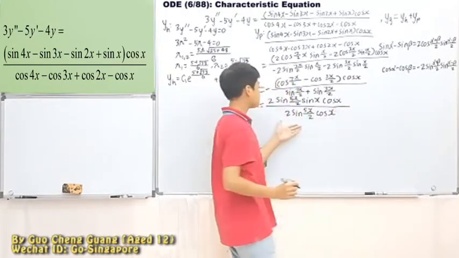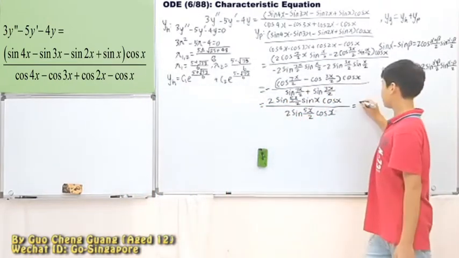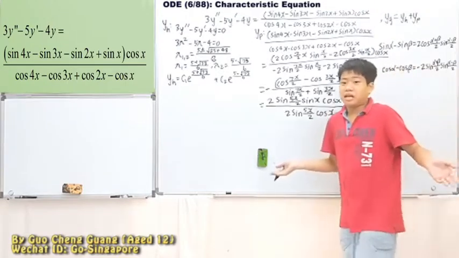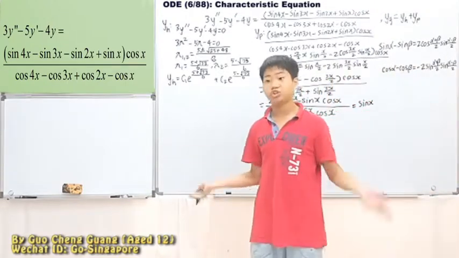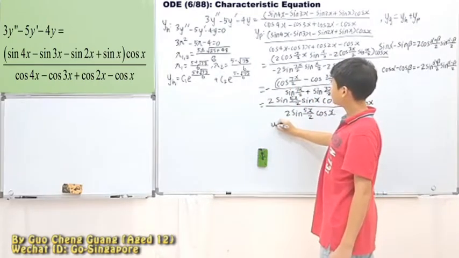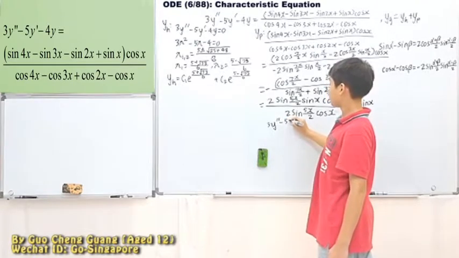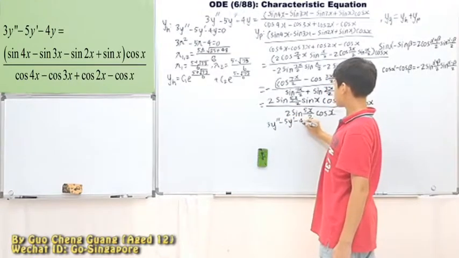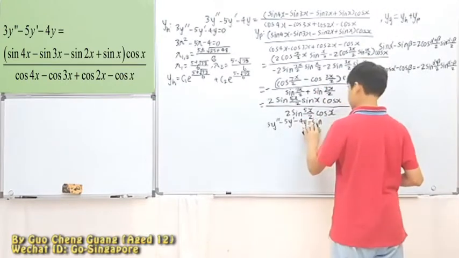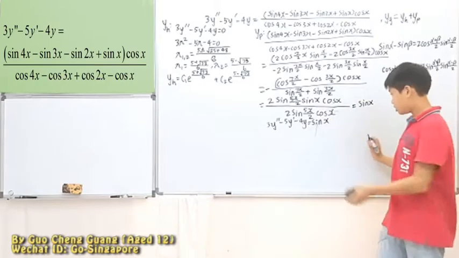So that means this denominator you get like this. And all that's left will be a sine x. Left with a sine x, now that's extra simple. That means this whole thing is just a sine x. It's just like this.